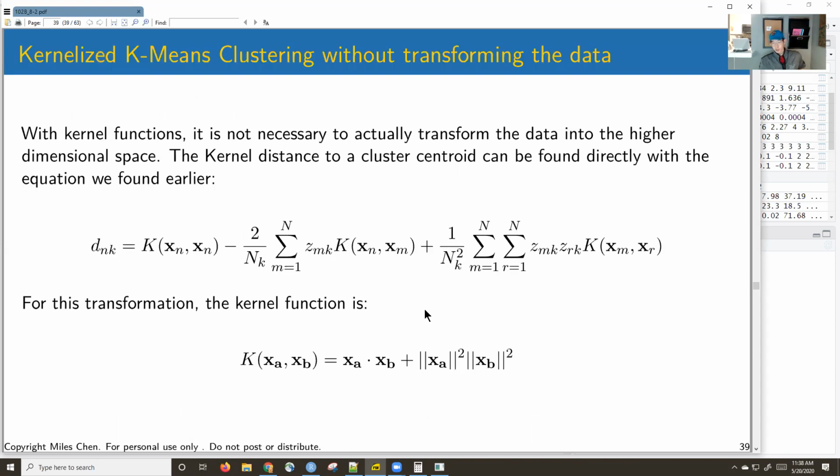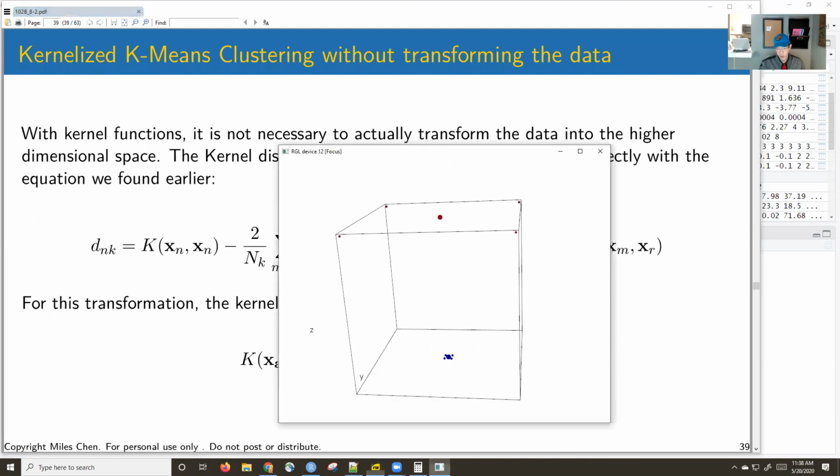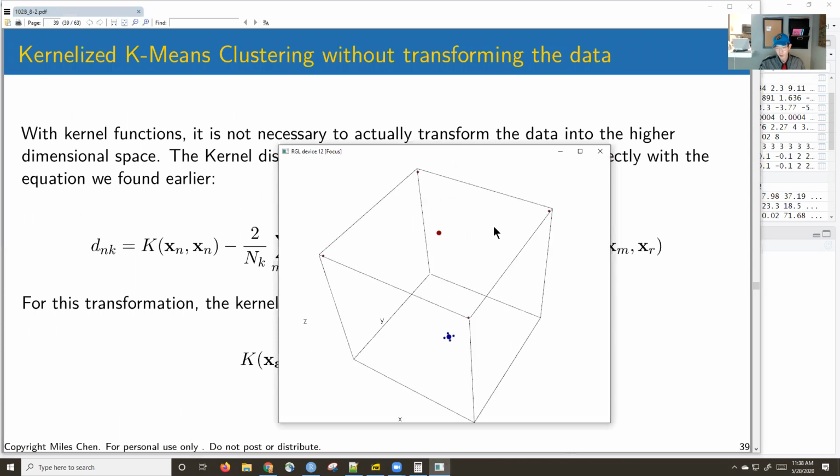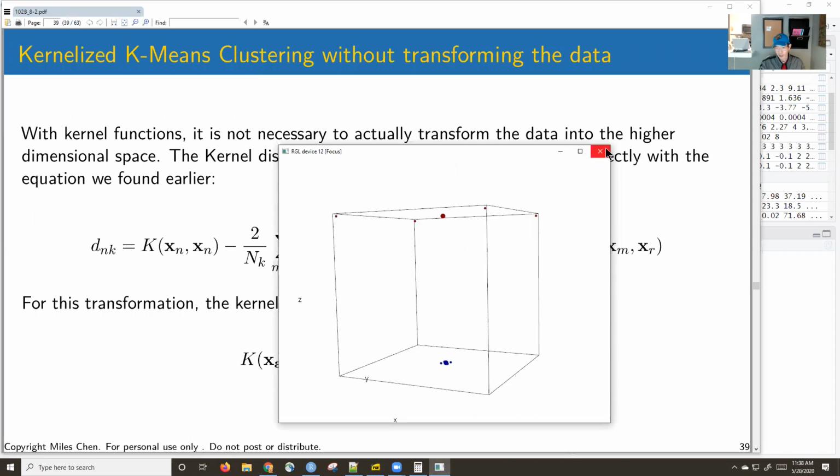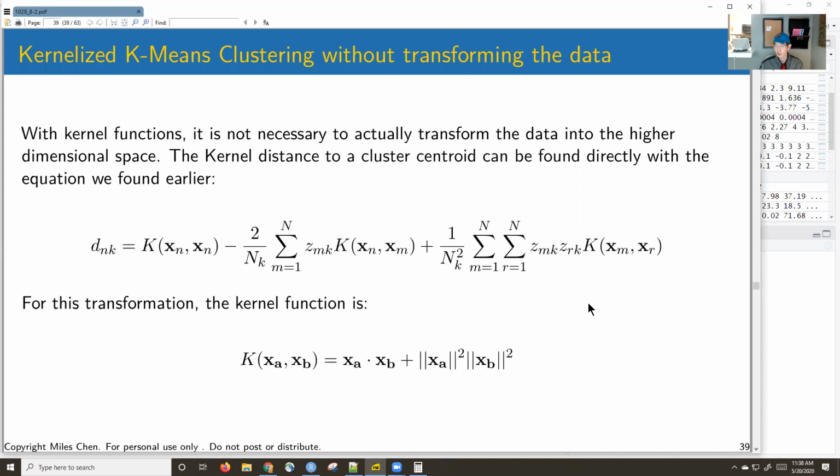All right, so I'm going to do the same thing, same data set, same initial random assignments. And this time I'm not going to transform them into 3D. As fun as it was to play with our 3D plot, we're not going to do that. Instead, we're going to use this distance formula to calculate the distance to the centroid despite not actually finding the centroid itself.